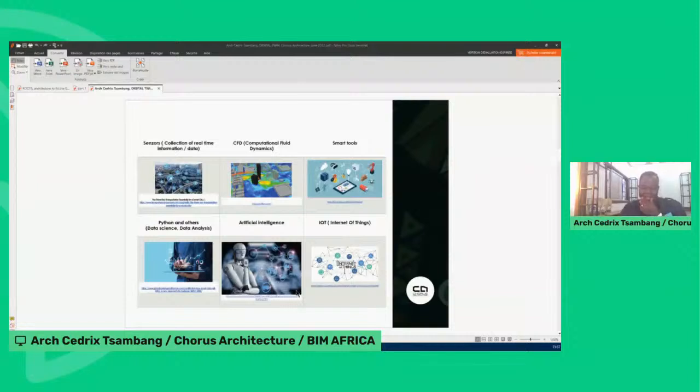So those are the simple stuff that everybody can access at various prices, obviously, at various scales, but you can start by them to understand how digital tools work and how it can help us. And as designers, it's easier for us to start here than to enter into complex notions.